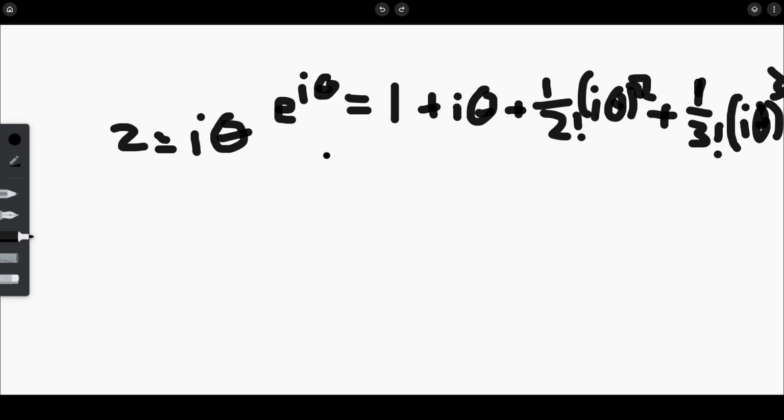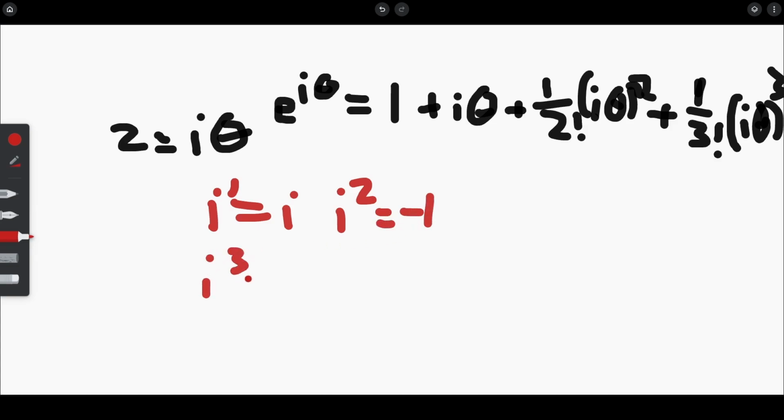But what we gotta remember here is our powers of i. So just as a refresher, we'll do this in a different color. i to the first is i. i raised to the second is negative 1. i raised to the third is negative i.